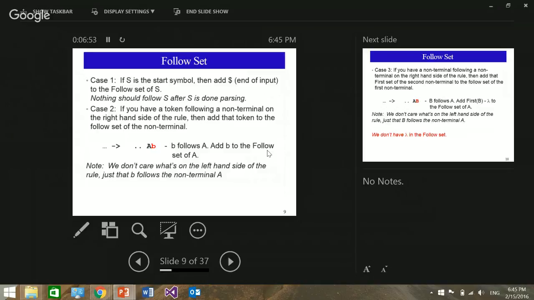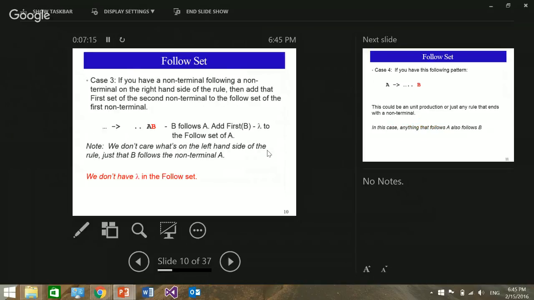The left-hand side could be S, could be big B, could be A, doesn't matter. What I'm looking at, the pattern, is a little letter following a big letter. So the little b goes into the follow set of big A. This is the easy one.